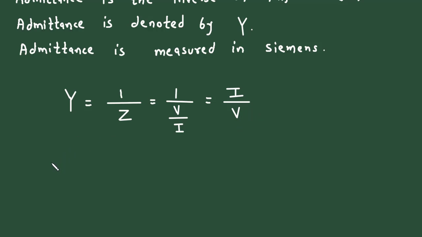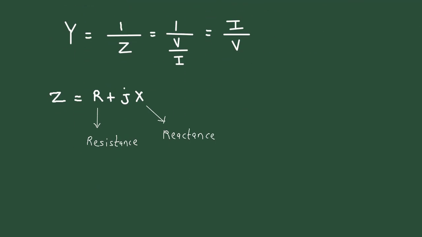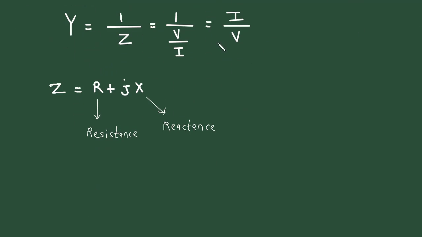Now we know that impedance Z is equal to R plus jX, where R is the resistance and X is reactance. Now if we take the reciprocal of this, admittance Y is written as G plus jB.